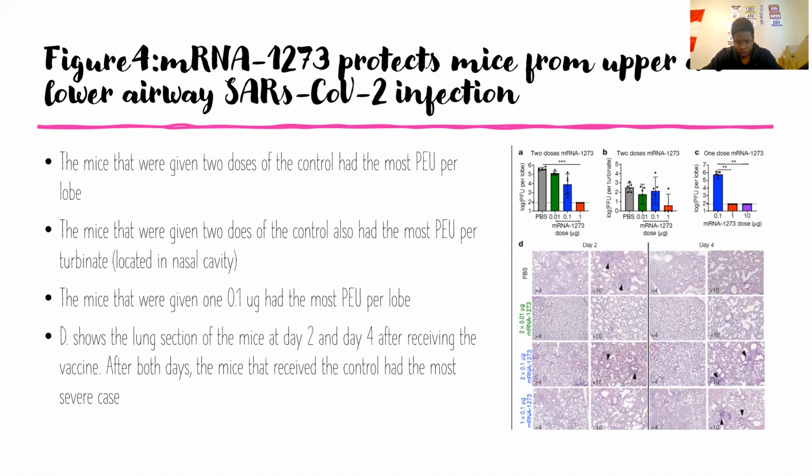The group that was given the control was shown to have a great amount of PFU per lobe compared to mice that are given 2 doses of various size vaccines.